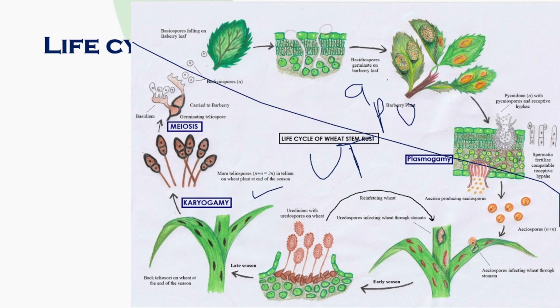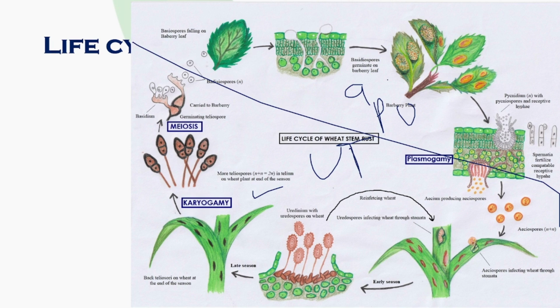Sometimes they do ask about urediniospores: even if you inoculate urediniospores on the barberry, they will never germinate. If you take basidiospores and inoculate on the wheat, they will never germinate. So urediniospores and teliospores always germinate on the wheat. Pycniospores and aeciospores always produce infection only on the barberry.